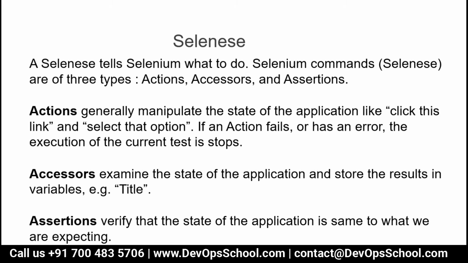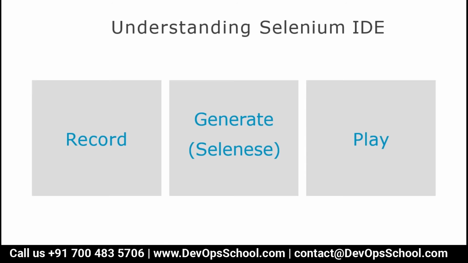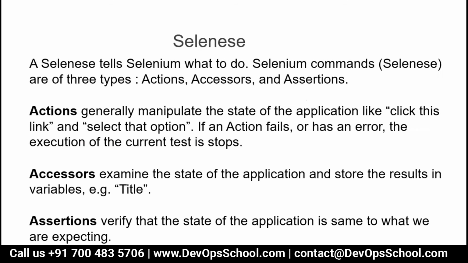In that command, you will find actions, accessors, and assertions. So here I will do the manual testing through IDE, we'll record the session, that will generate Selenese, and Selenese will have three types of commands. One is actions, second is accessors, and third is assertions.